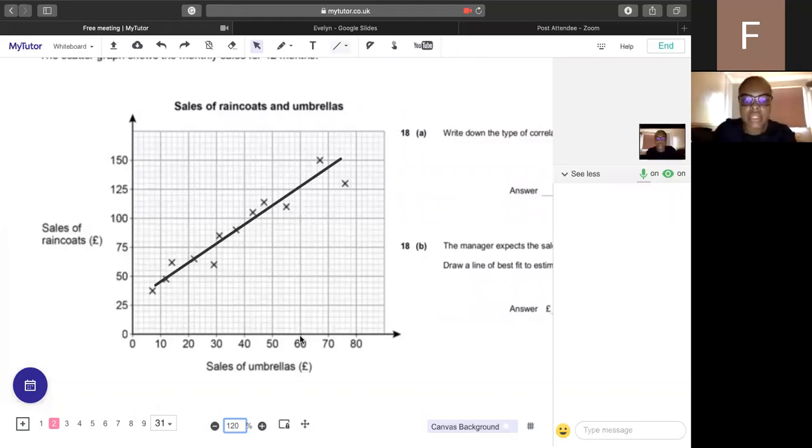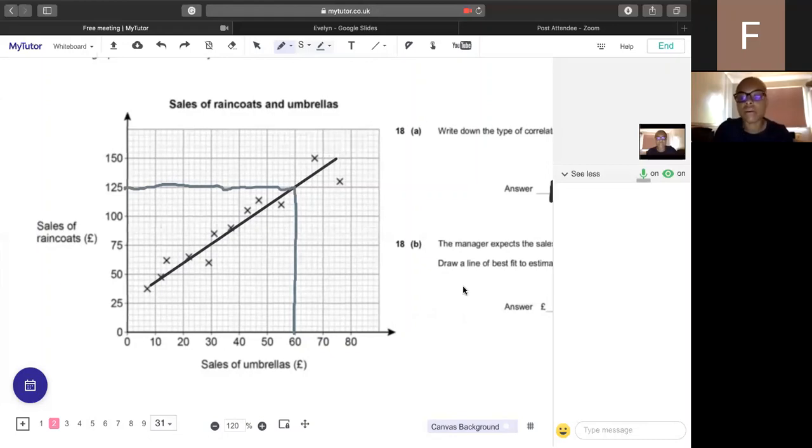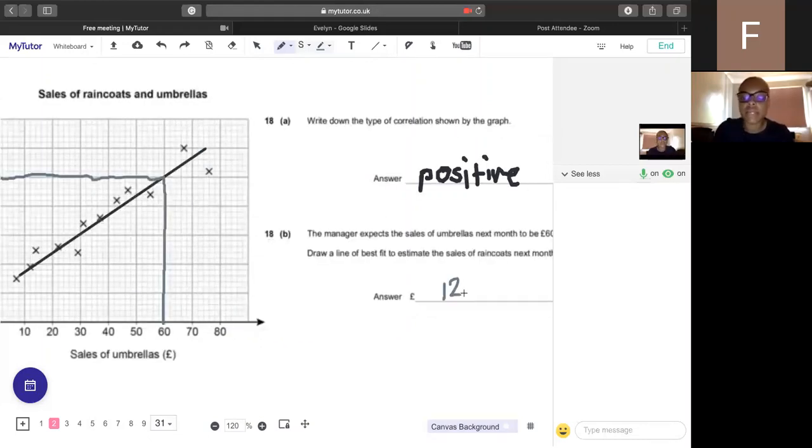From 60 all the way up until the line, and then across, we get, obviously use a ruler when you're doing this part, £125 for the sales of raincoats. So that would be our answer, and that would be enough to get you full marks for this question.